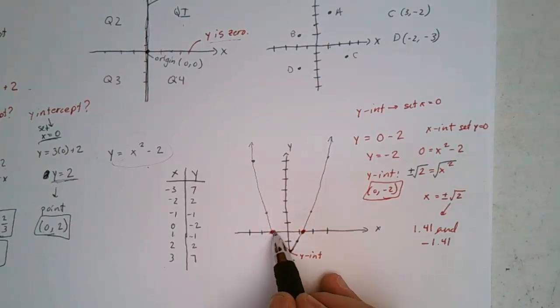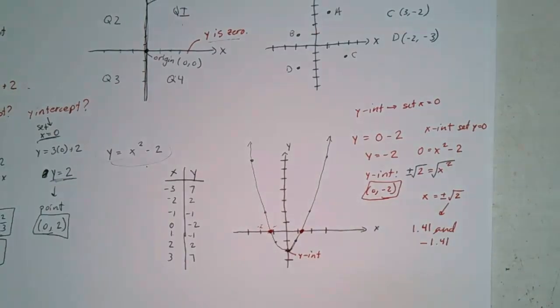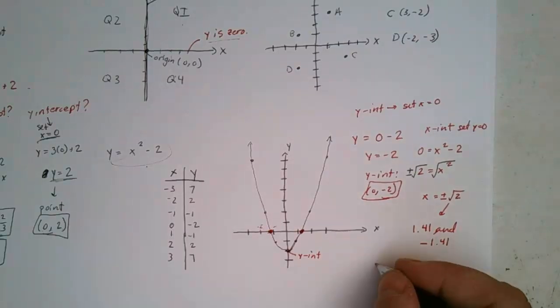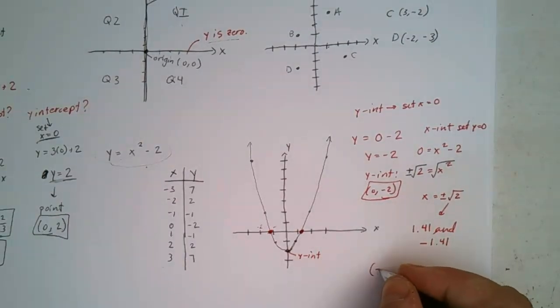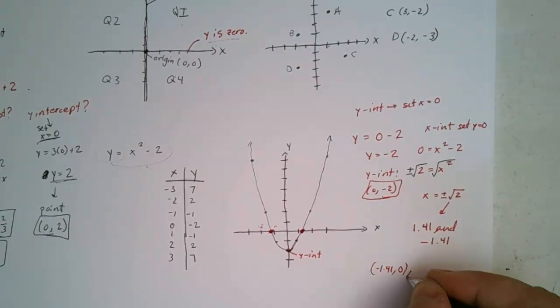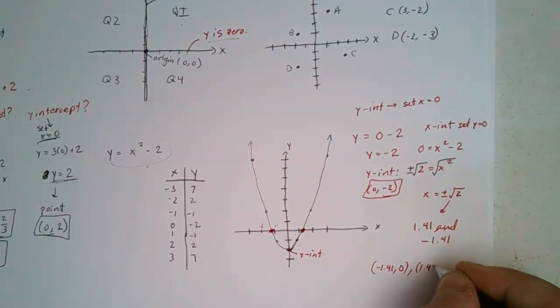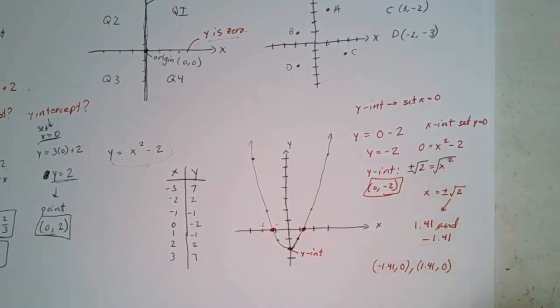And it's going to fall somewhere between negative 1 and negative 2 on the x-axis. And sure enough, that's what we get. So our answer actually has to look like a point. And since we got 2 of them, we're going to say negative 1.41, 0, comma 1.41, 0.